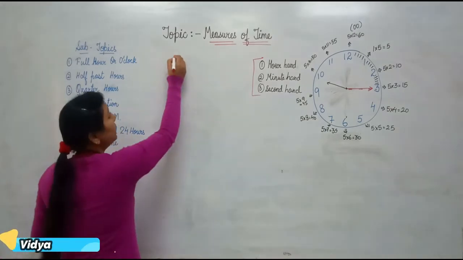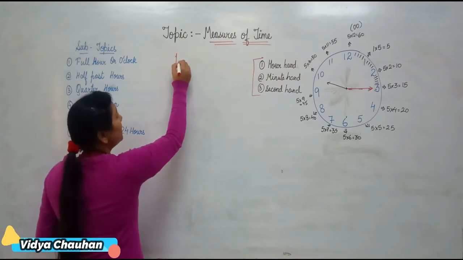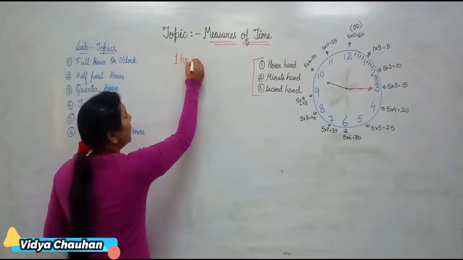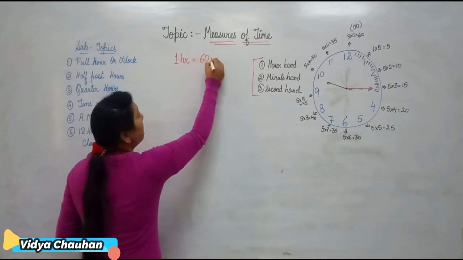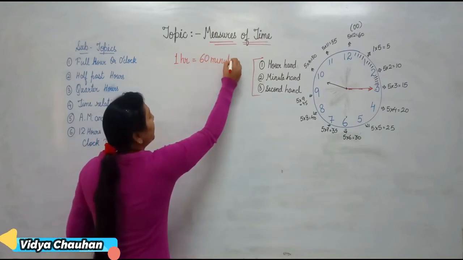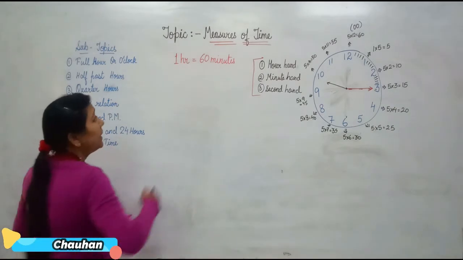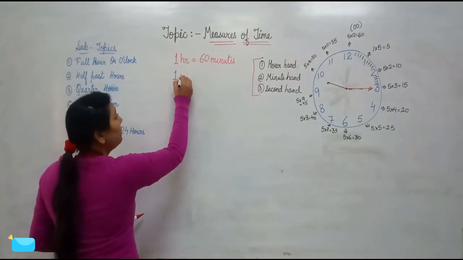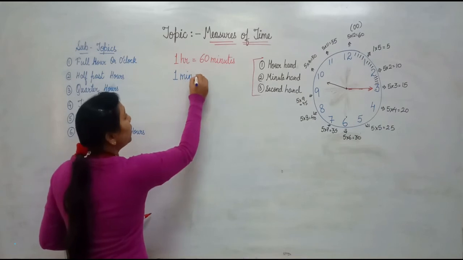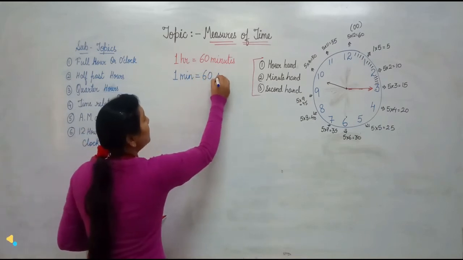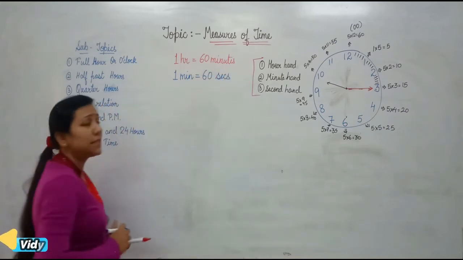So yes, the first relation says 1 hour is equal to 60 minutes. The second relation is 1 minute is equal to 60 seconds.